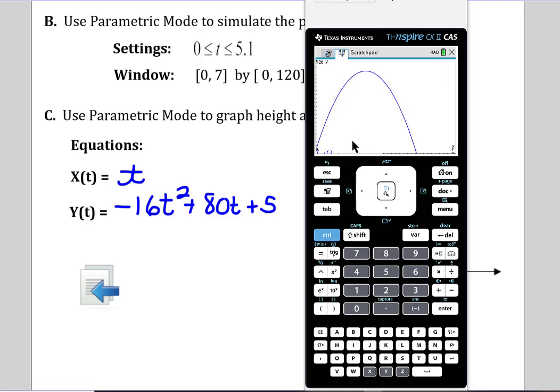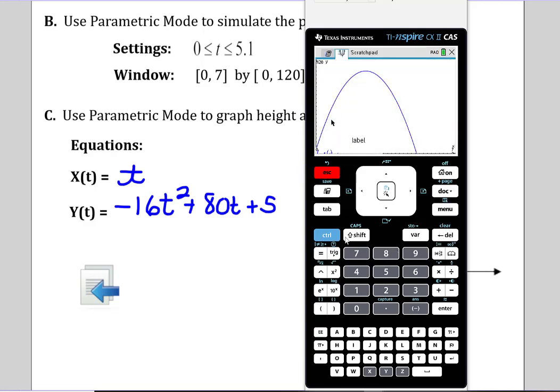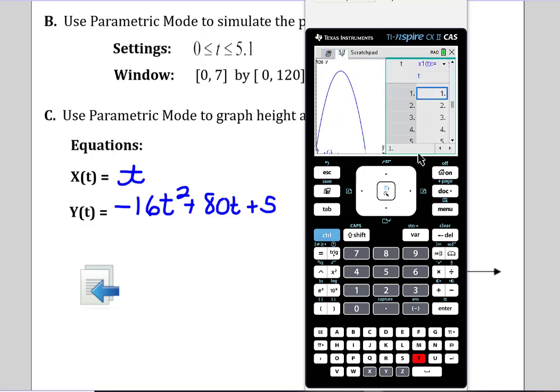So we want to use parametric mode to graph the height against the time, and we want to figure out how high is the ball after 4 seconds. Now on my calculator, I could either trace that, or I could use the table and look at the time at 4.